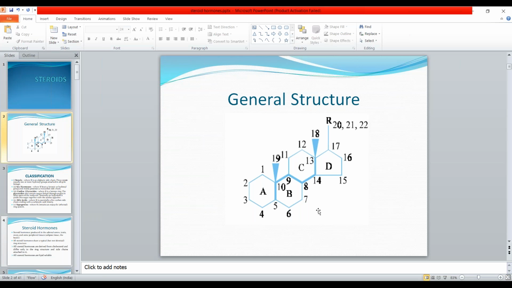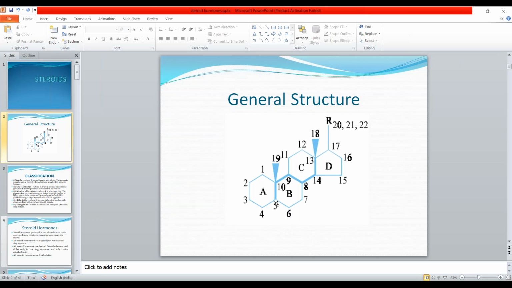Please put your imagination to good use and place this general structure into a 3D plane, and imagine that you are having substituents. These substituents can be above the plane and can also be below the plane. Whenever there is a substituent below the plane, we depict it with a dotted line.